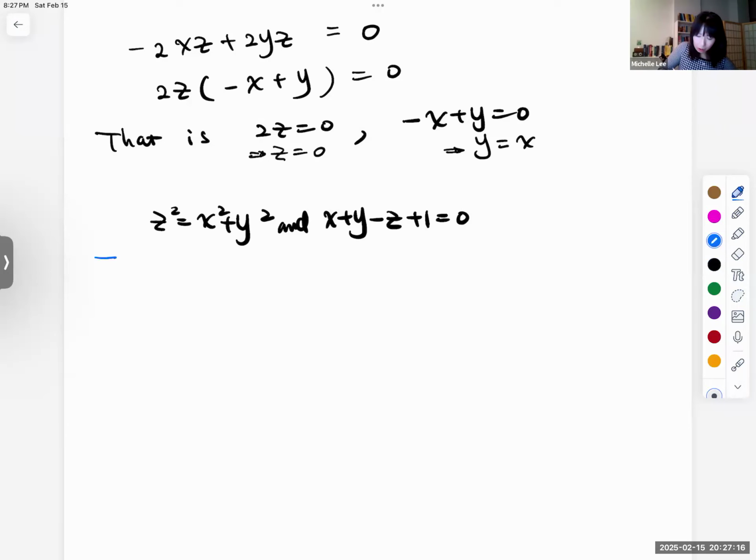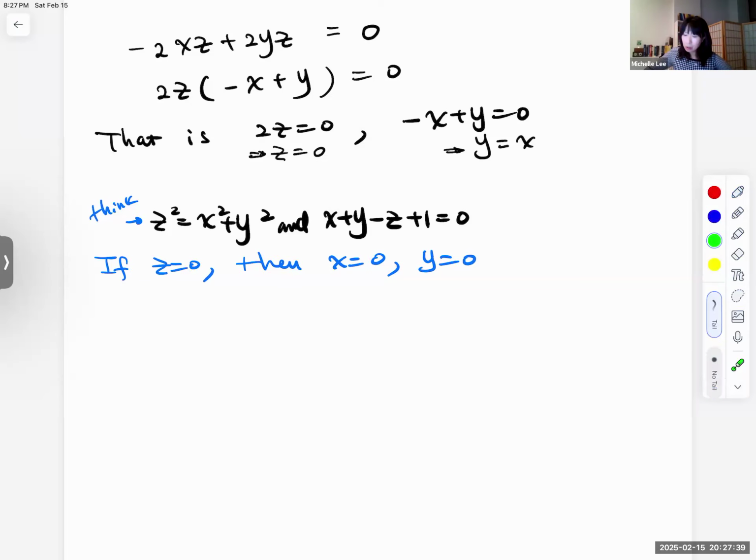If z equal to 0, then x equal to 0, y equal to 0. There's only one possibility for the first constraint function, right? But then the second constraint is not working. Let me write it down better.